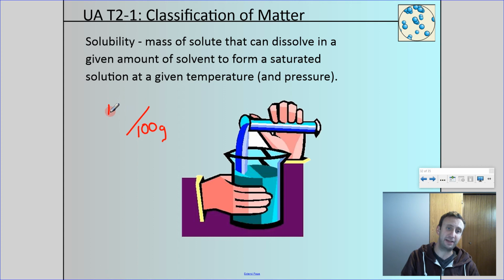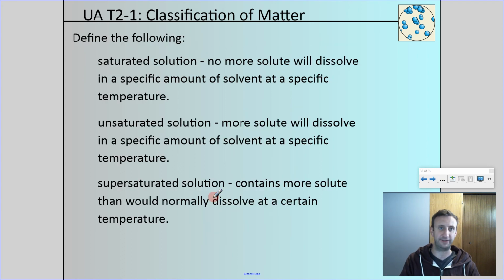If 10 grams of salt is as much as I can dissolve in 100 grams of water, then that would be the solubility of salt in the water. We're going to get into solubility graphs next week, and then we'll discuss it in more detail.